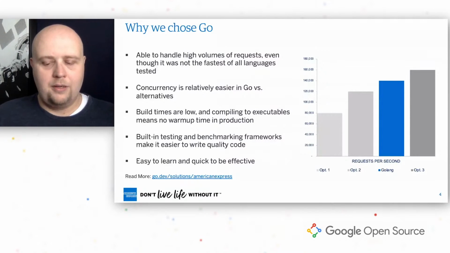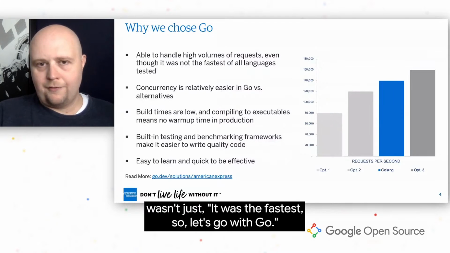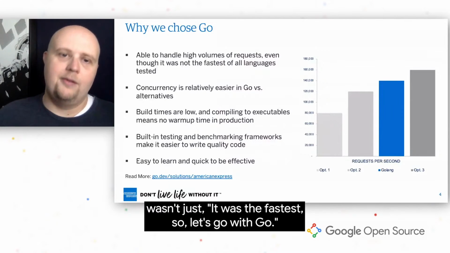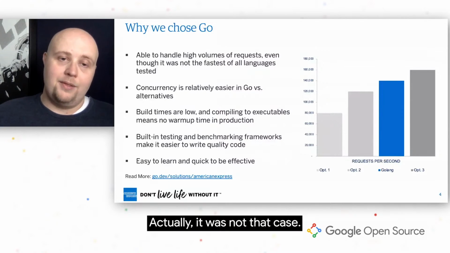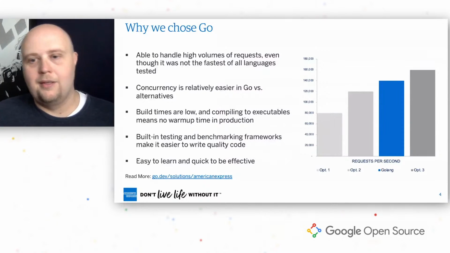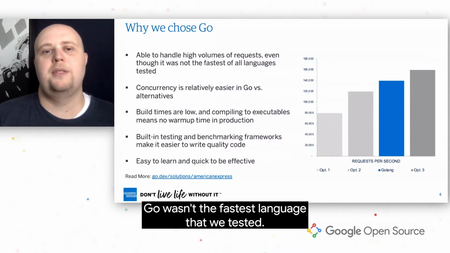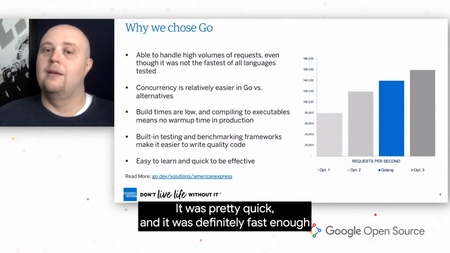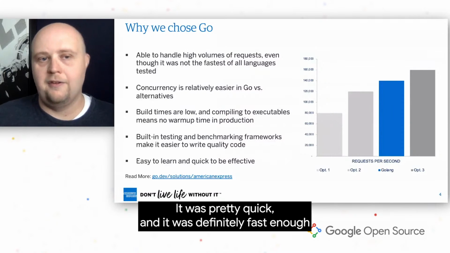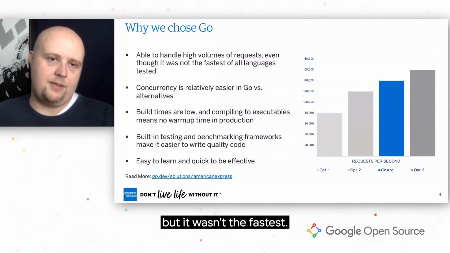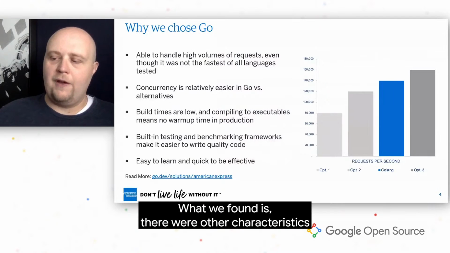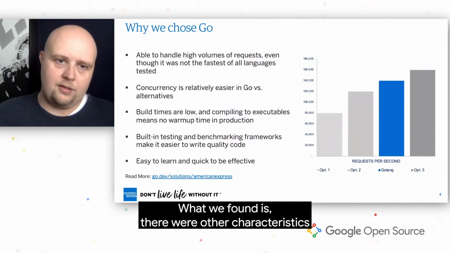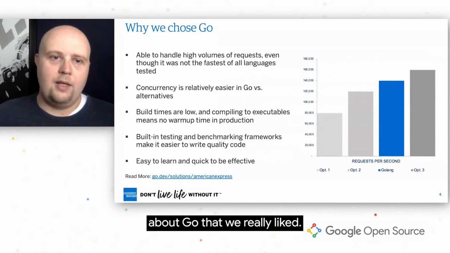Choosing Go, though, wasn't just that it was the fastest, so let's go with Go. Actually, that was not the case. Go wasn't the fastest language that we tested. It was pretty quick, and it was definitely fast enough, but it wasn't the fastest. What we found is there were other characteristics about Go that we really liked.